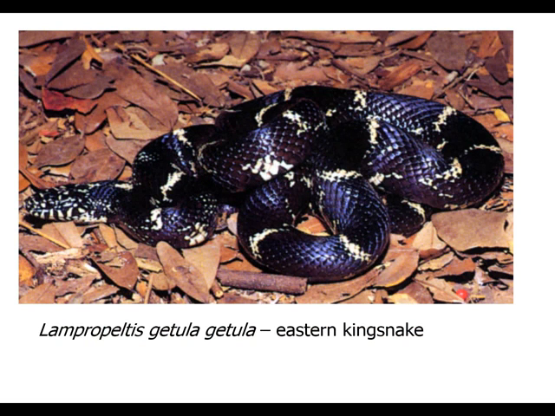The body is this bluish black color with these alternating yellowish bands. The belly is checkered with yellow and black. They are a diurnal snake, and they are a very strong constrictor, and they're famous for preying on other snakes, including venomous snakes. And something just happened.